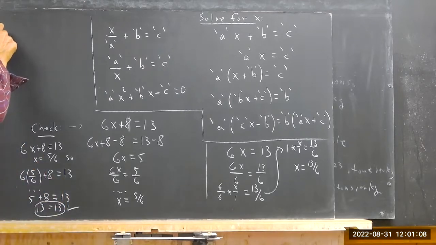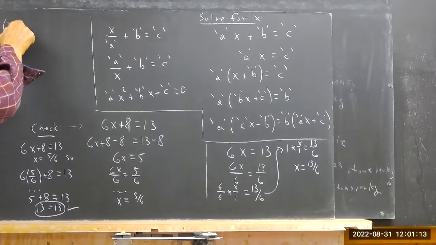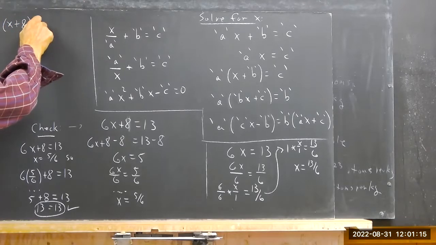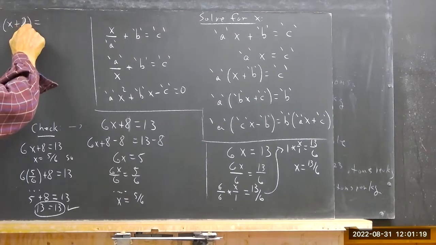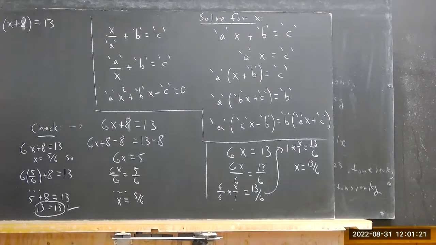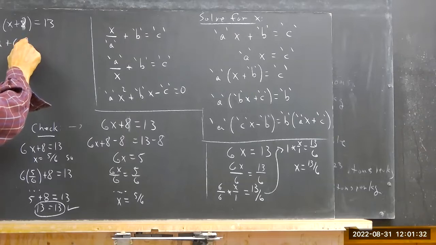Okay, so we have A, which I think I said was 6 times the quantity x plus 8 equals 13. So distributive law: 6 times the quantity x plus 8 is 6 times x plus 6 times 8.